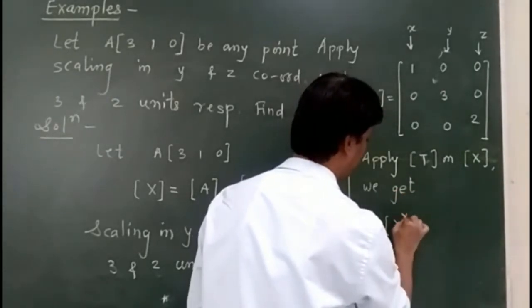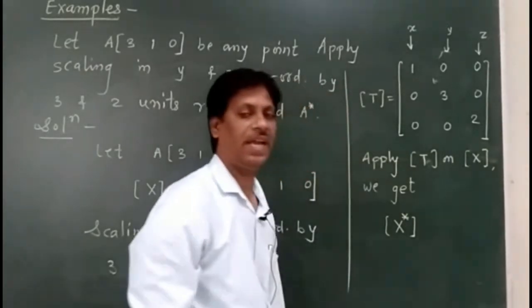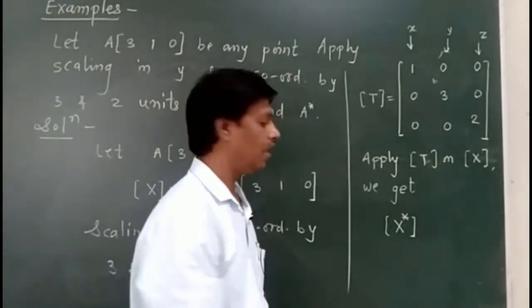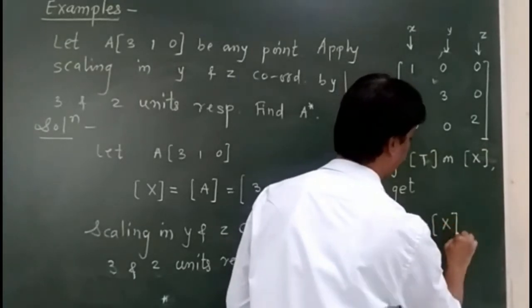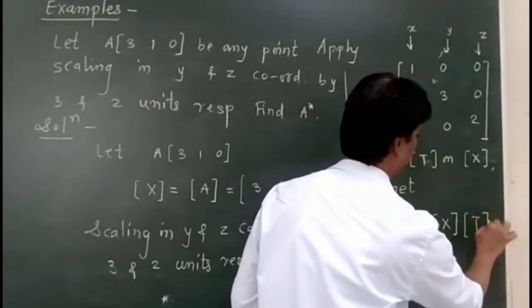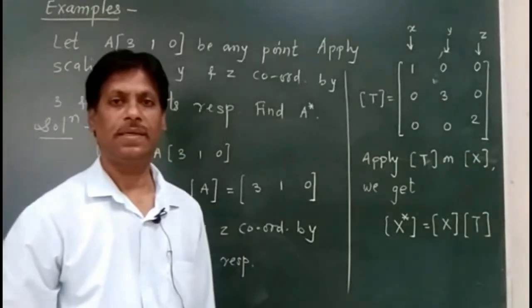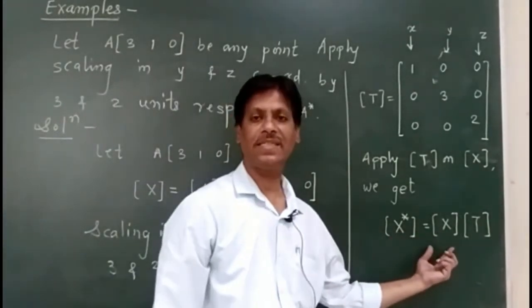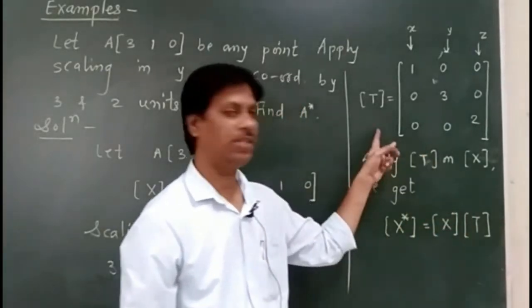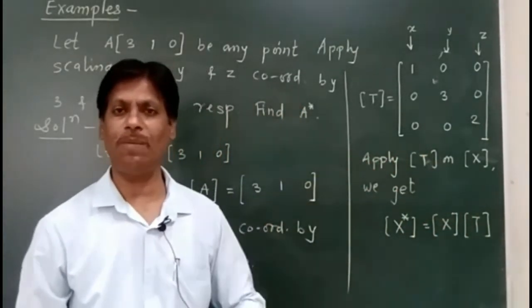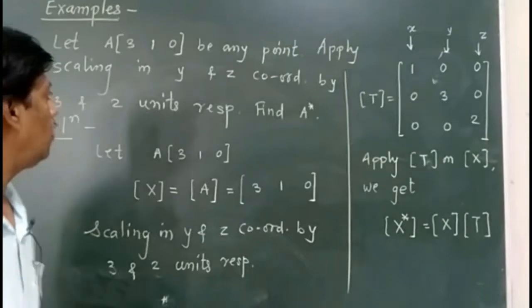That resultant point, that is the transformed point A, is denoted by X star, which is equal to X into T. Okay, X into T. So already we know the X position matrix of the point A and T is the scaling transformation matrix. So just write these two and multiply these two matrices. So I'll just write it here.